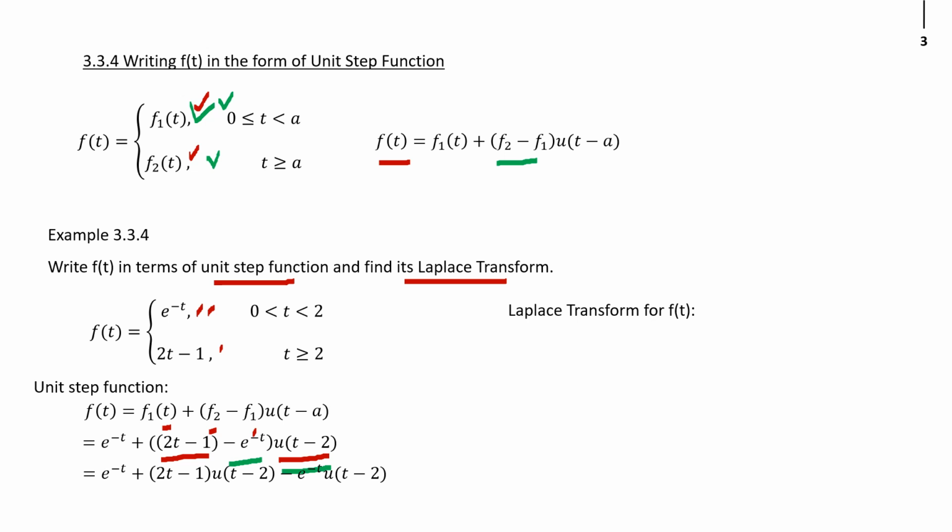Okay, now how to do the Laplace transform? We can see that this part is a bit challenging because we have minus 1 and minus 2, which are values that are not equal.